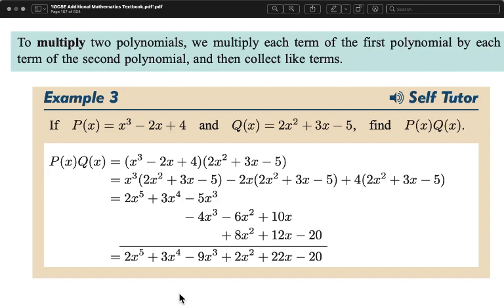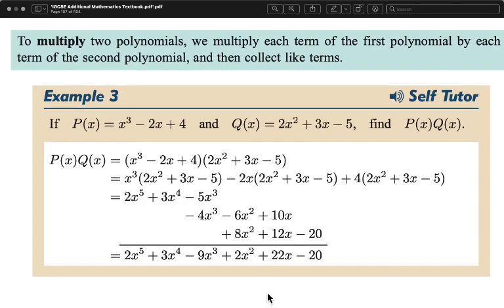For example, p(x) times q(x) equals x cubed times every single term in the second parentheses, which means x cubed times 2x squared, x cubed times 3x, and then x cubed times minus 5. But there are also two more terms.